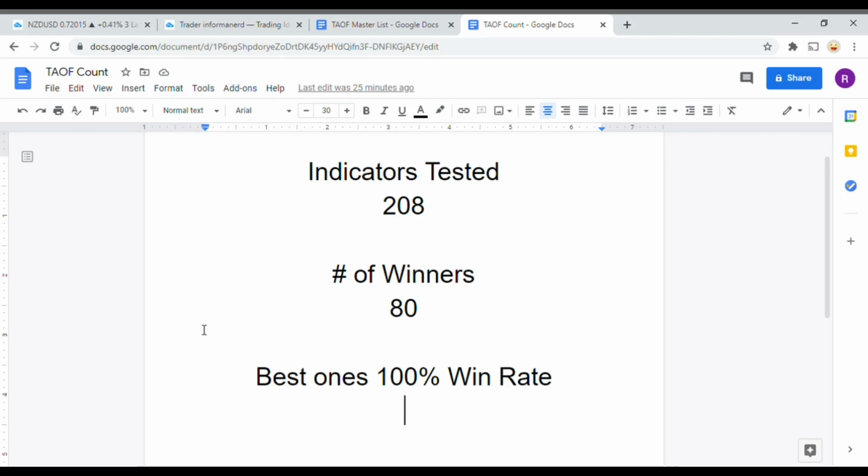The best ones so far were able to achieve a 100% win rate. You need to go back and watch those videos to understand the context of how they were able to achieve that. But as we are working on building the best trading system possible, you could take any one of those 80 indicators and get out there and start potentially profitably trading the markets with them now.